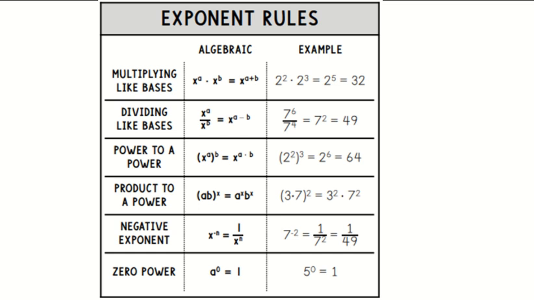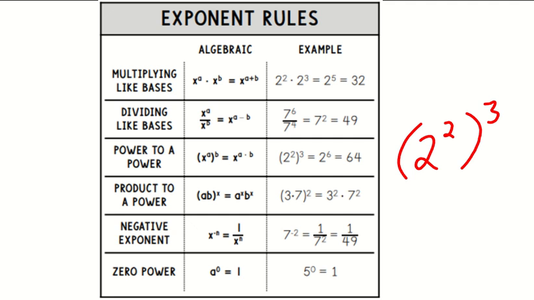If I have the exponent of an exponent, power to a power they call it, that is where we multiply our exponents. I'll write it a little bigger so we can see it better. We've got 2 squared and all that to the 3rd power. That is where we multiply. So exponent of exponent, we multiply our exponents.